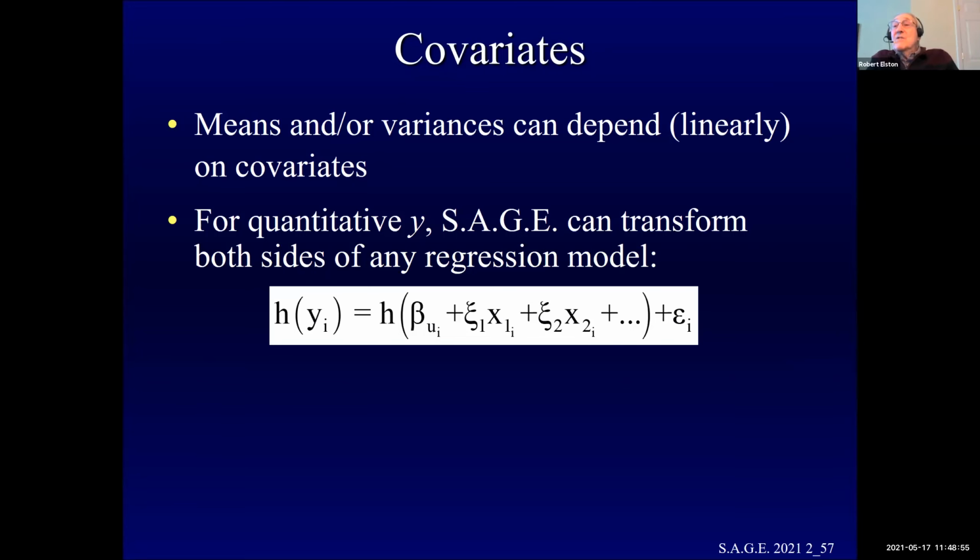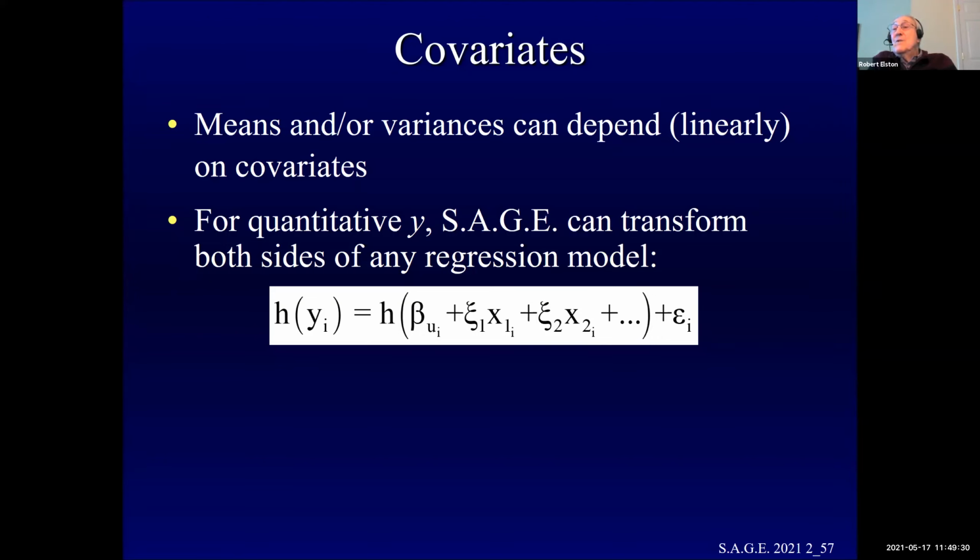For a quantitative trait, S.A.G.E can transform both sides of any regression model. So you're taking a transformation of y, and the model says it has some beta genotypic effect for the ith individual. And then you've got all these covariates with the coefficients for that particular individual and a random error.